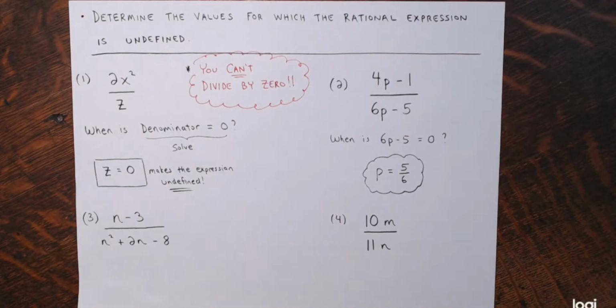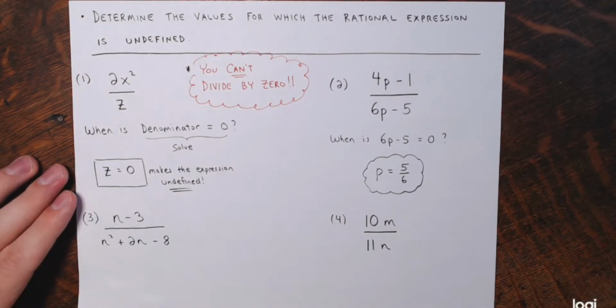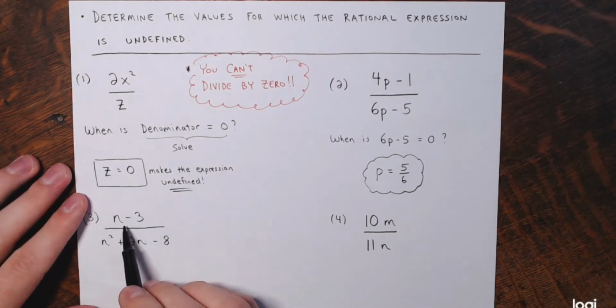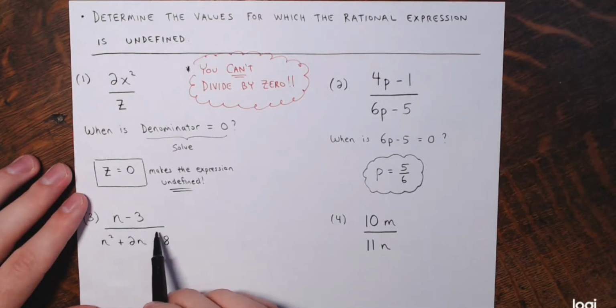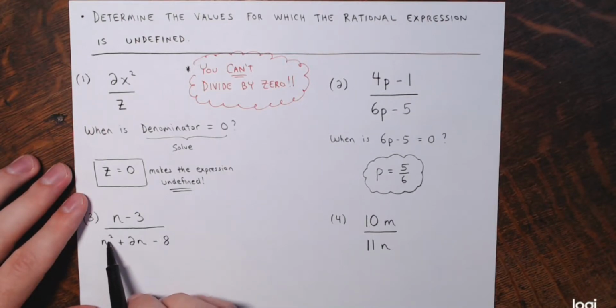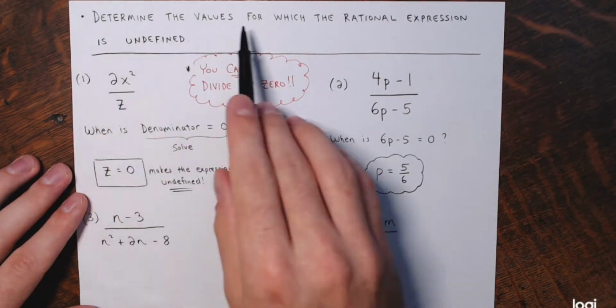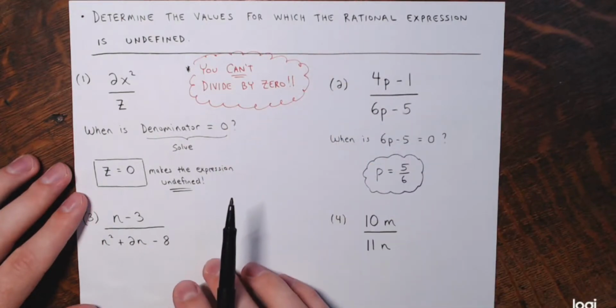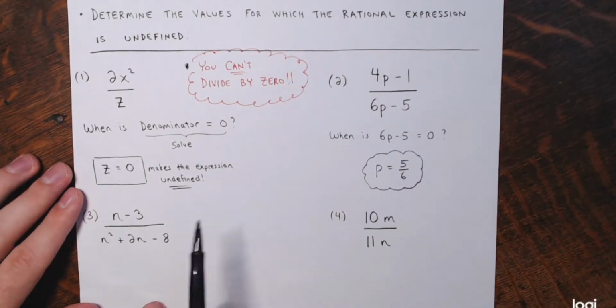All right. Example 3. Numerator is n minus 3 divided by, denominator is n squared plus 2n minus 8. So again, when we're asked to determine the values for which a fraction is undefined, the only expression we're really concerned with is the denominator. Right?